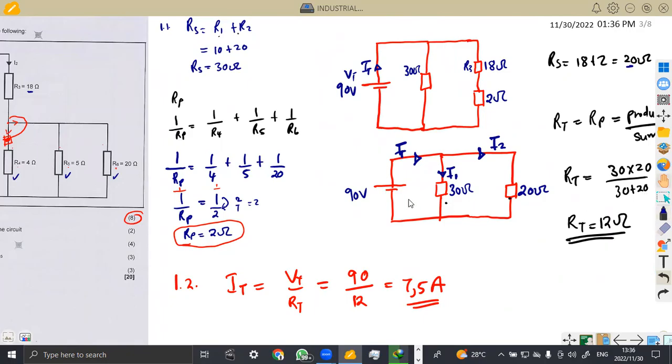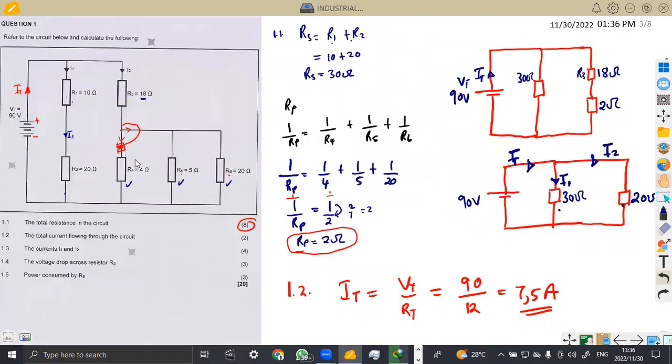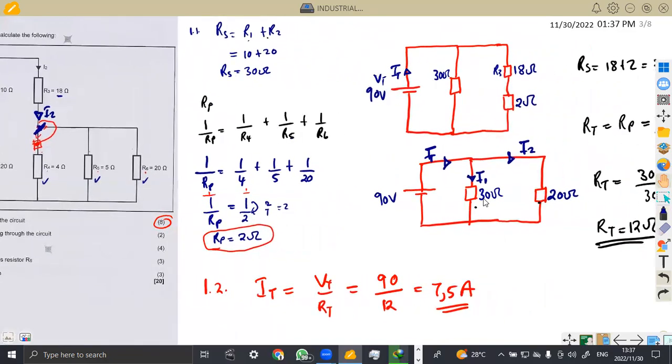The current on I2 is going to flow in the 18 ohm resistor, and in the 4 ohm, that is the same current that is going to flow, but at this point it is going to branch. But that current is the one that is here, that is I2, the one that is going to branch in these resistors. So that is why I'm taking the whole combination of these resistors into a single resistor. All right, so I hope you understand what is happening there.